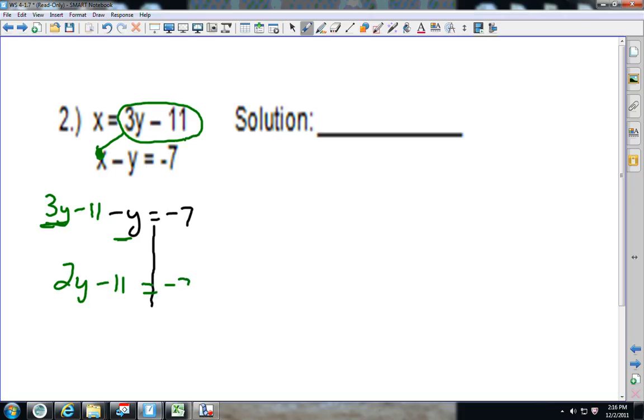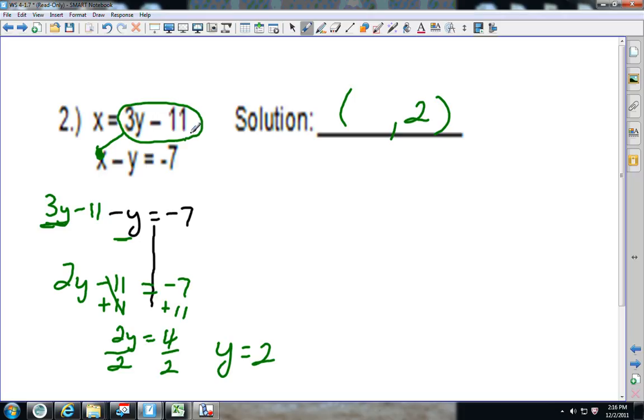That equals negative 7. Add 11 to each side. I get 2y equals, what is that? That's 4. Divide by 2. Y equals 2. So I have y to be 2.